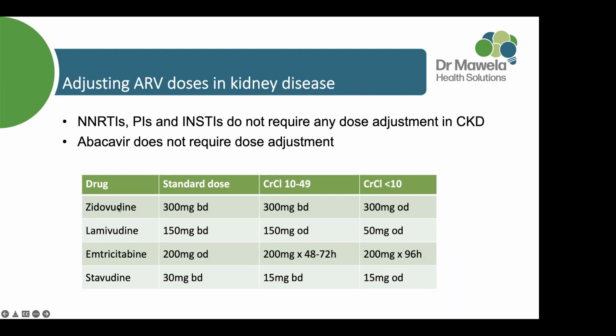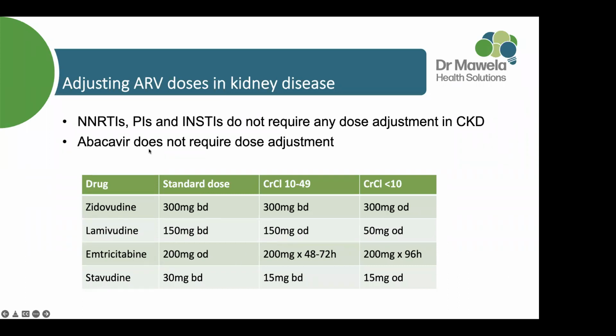You see zidovudine, once the creatinine clearance drops to less than 10, rather than give 300 milligrams twice a day, you would then omit one dose and it will be a daily dose. Lamivudine, as soon as the creatinine clearance drops to below 50, you must not be giving 300 milligrams BD or 300 milligrams daily. Already you have the dose, emtricitabine, stavudine.